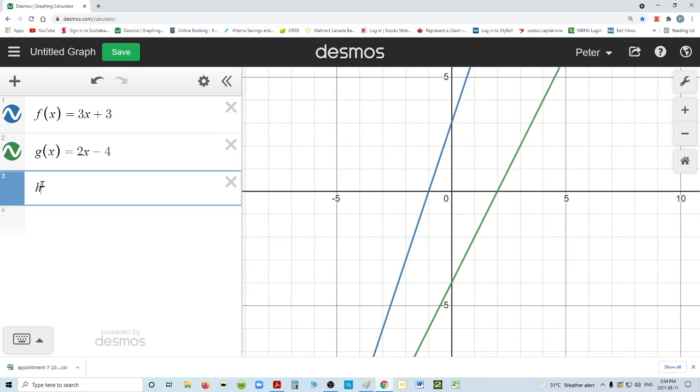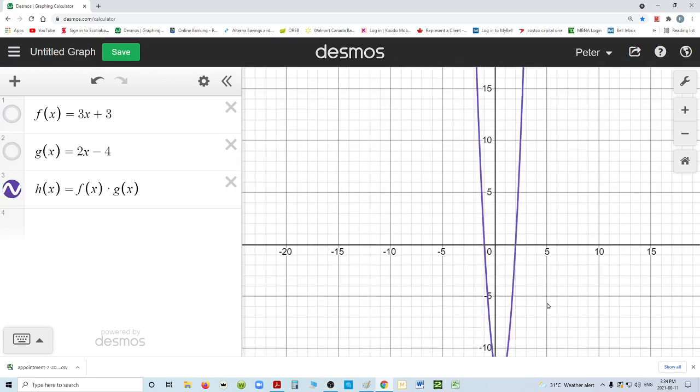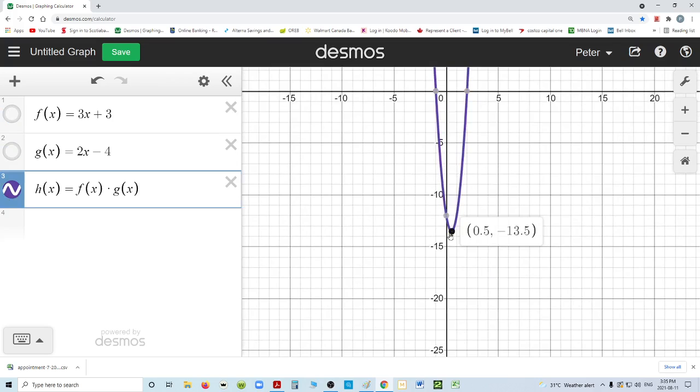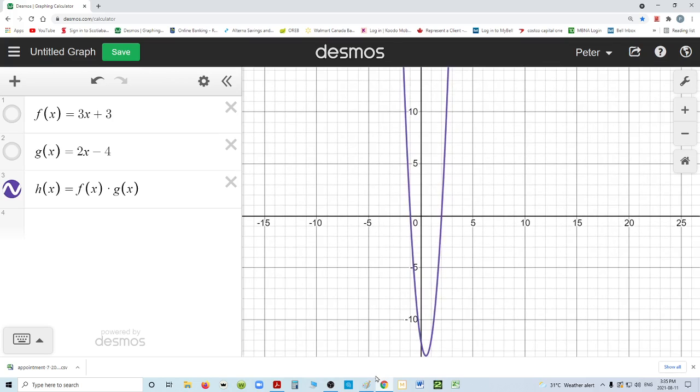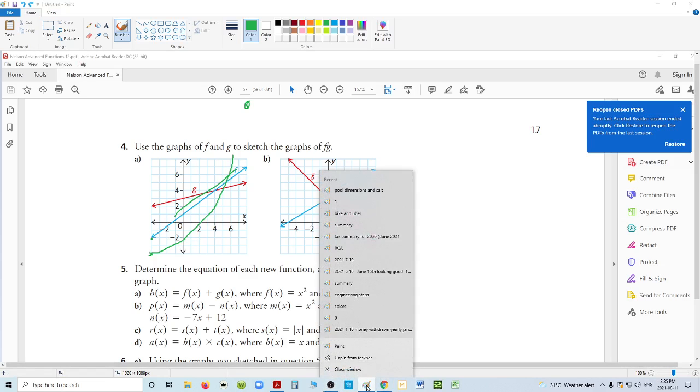And then we're going to multiply them by saying h of x is equal to f of x times g of x. And then we're going to remove this to see what happens. Oh, look at that. We get a parabola. Now ask yourself why this would be. Well, let's look at the lines I just used as an example. And we're going to do a whole new paint so that I don't waste that one.